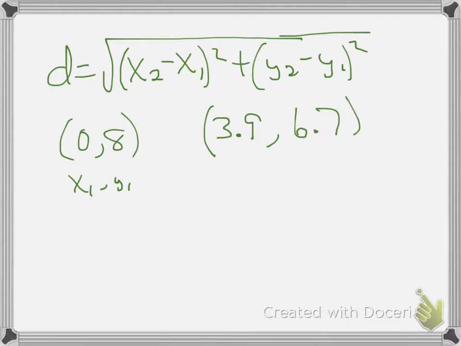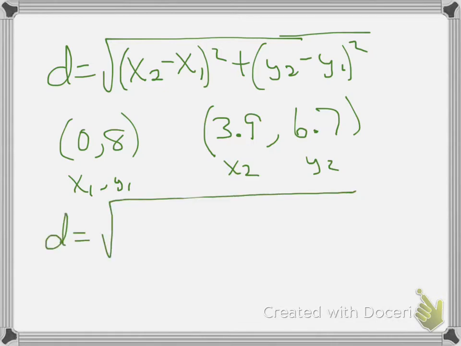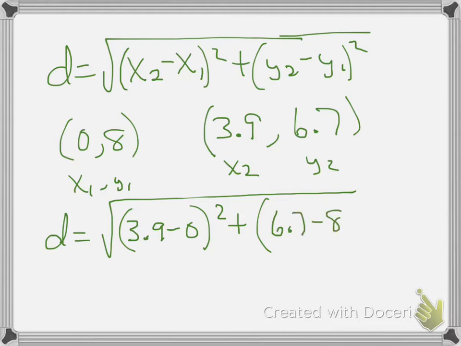Okay, so that will be our x2, y2. So the distance here is the square root of x2 minus x1 would be 3.9 minus 0 squared plus y2 minus y1 would be 6.7 minus 8 squared. When you work that out in the calculator to the nearest tenth, that distance is 4.1.